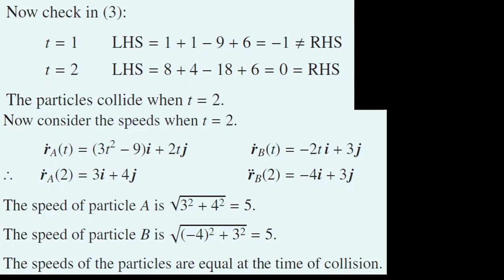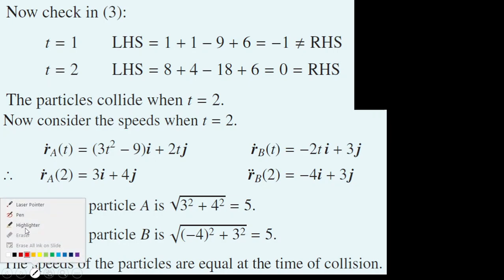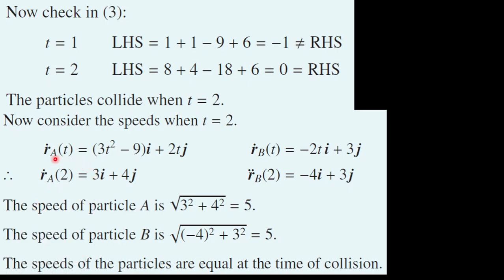All right, and then with those two here, let me get that laser pointer. So this is the velocity when t equals 2 for particle A. There is the velocity. Hang on, I think there's a little bit of a typo here.